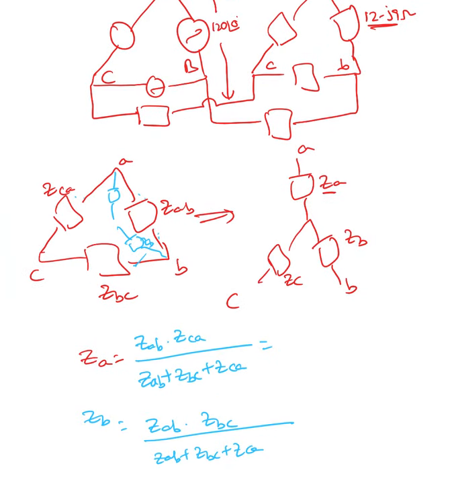So 12 minus J9 times 12 minus J9 divided by 12 minus J9 plus 12 minus J9 plus 12 minus J9, so 3 times 12 minus J9. So these two get cancelled out. Can I say ZA equals 12 minus J9 over 3?